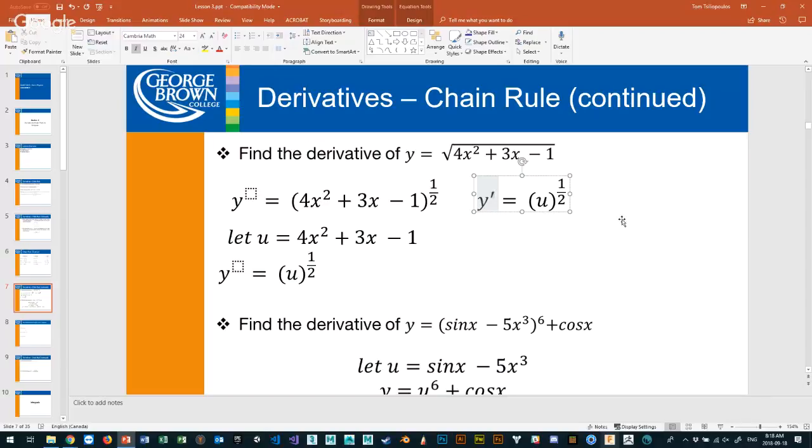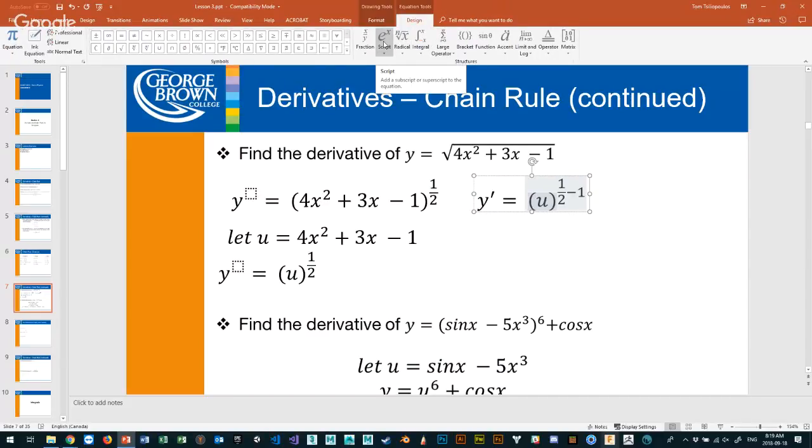Power rule. So what you do is, again, you take 1/2 and you subtract 1 from it. So it's still like normal. Up here in the exponent, 1/2, you subtract 1. That will be the first thing you do. And then I take this 1/2 and multiply it by whatever's in front.